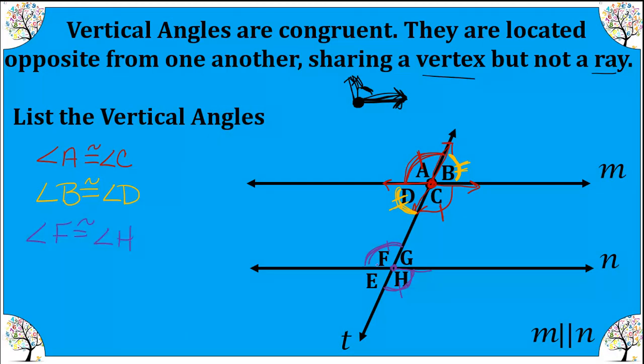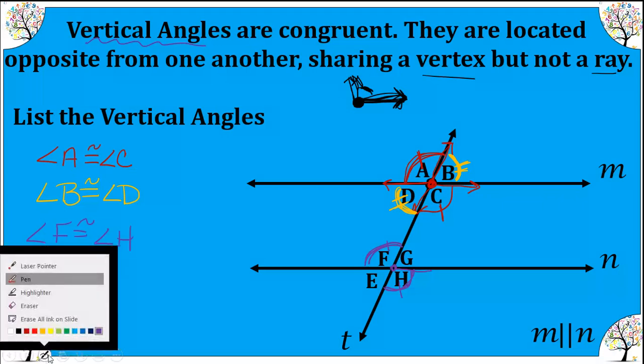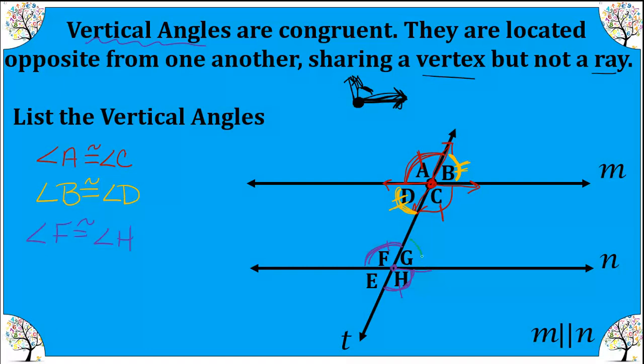So if you say F and H are congruent, you need to say so because they are vertical to each other. So you have to support your answer of why they are congruent. And these new vocabulary words, these new terms, support your answer that they are congruent. And then our last pair, angle G and angle E, they are congruent.